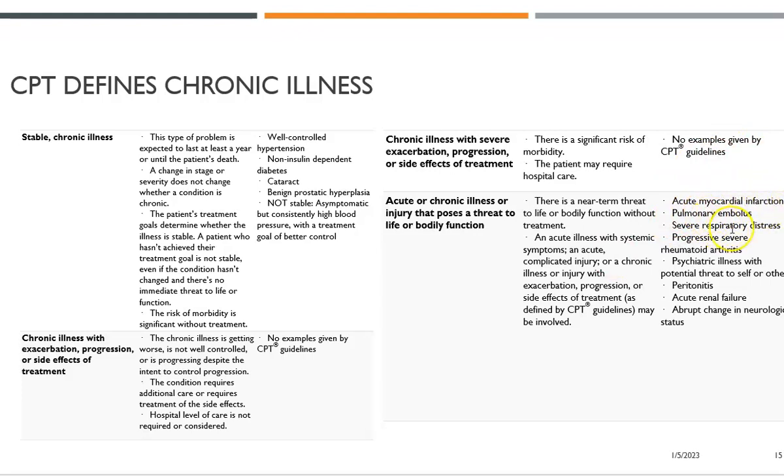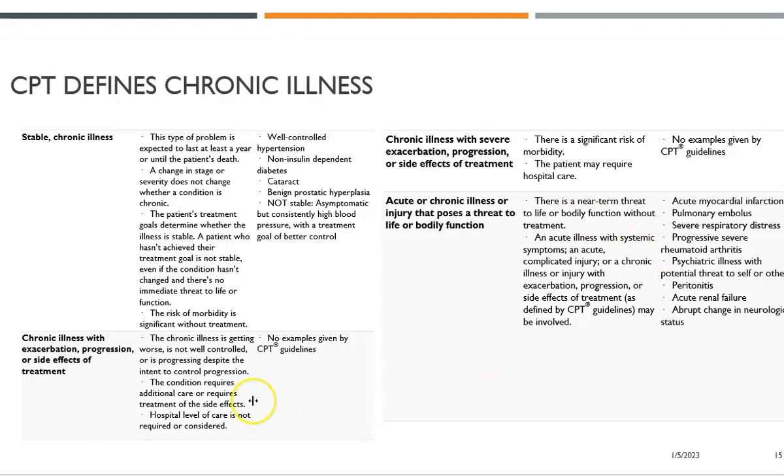A pulmonary embolism, which is a blood clot. Maybe our patient has severe respiratory distress, progressive severe rheumatoid arthritis, a patient who is a threat to themselves or others with a psychiatric illness, maybe a paranoid schizophrenic having an attack, peritonitis, acute renal failure.